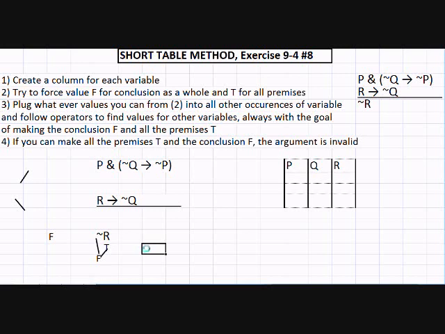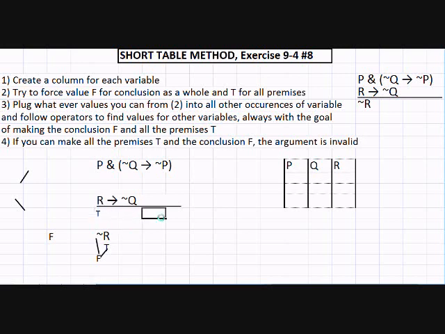Now what we're going to do is look to see whether or not we can give the value T to the premises, each of the premises as a whole. Since we've given the value T to R down here in the conclusion, that value is going to have to be repeated in every instance where R is going to appear.